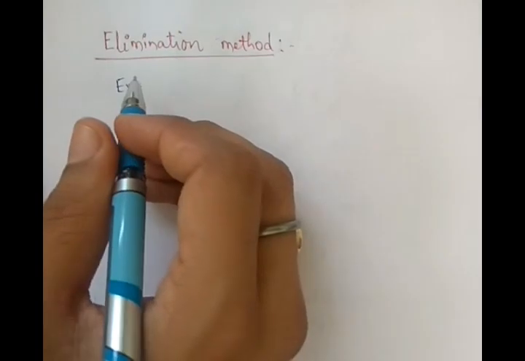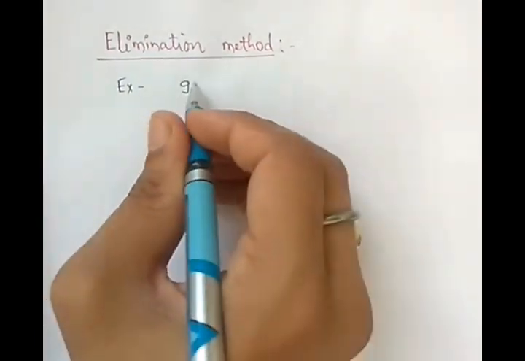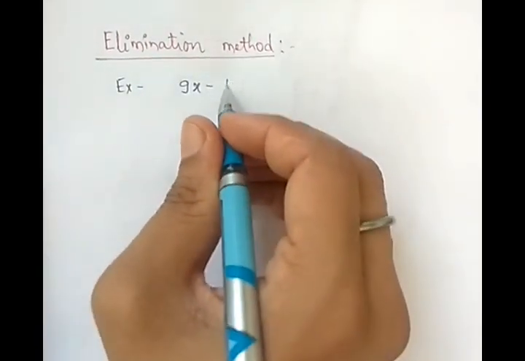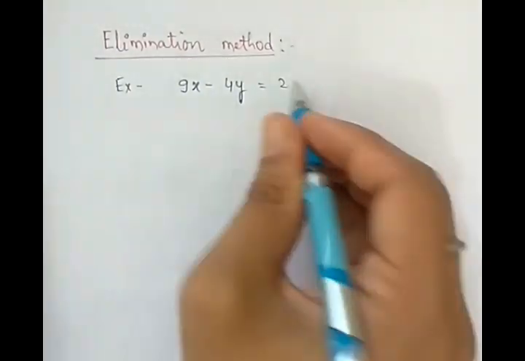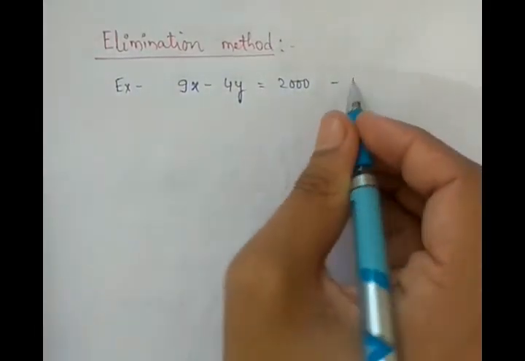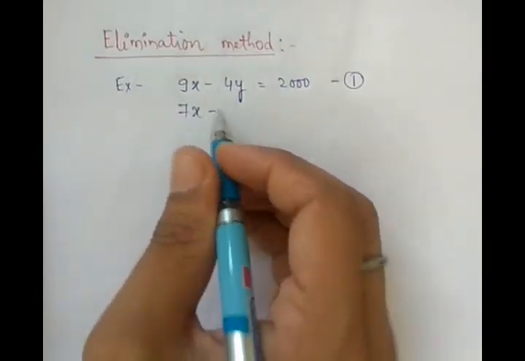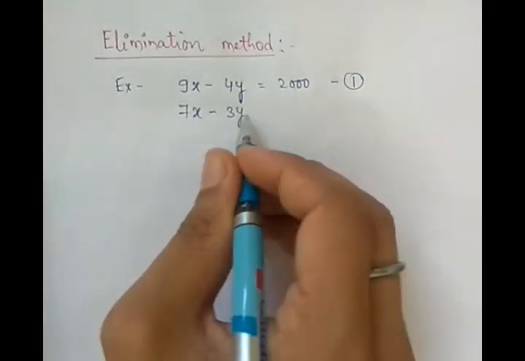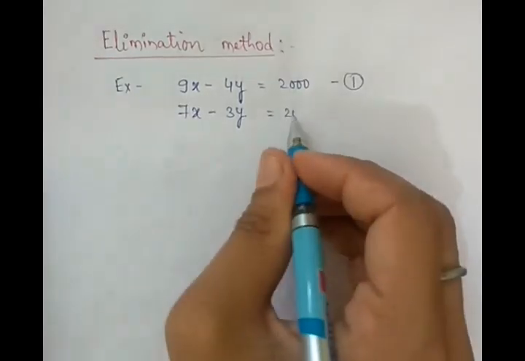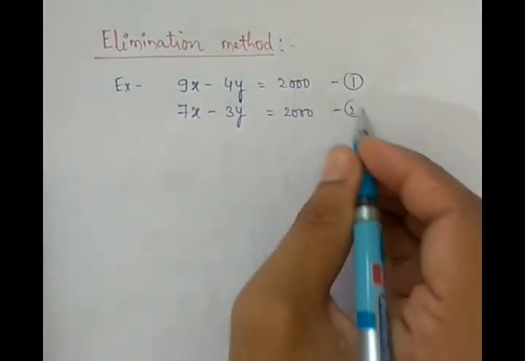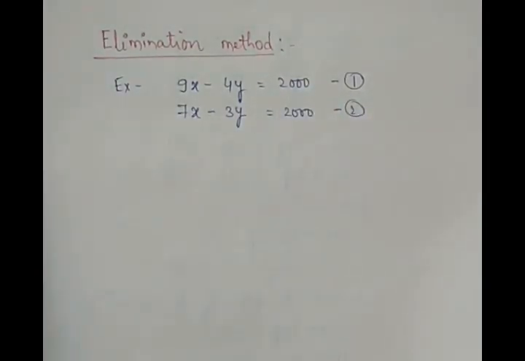Let's say one example is, first equation is 9x minus 4y is equal to 2000. Let's say this is equation number 1. Then 7x minus 3y is equal to 2000. This is your equation number 2.